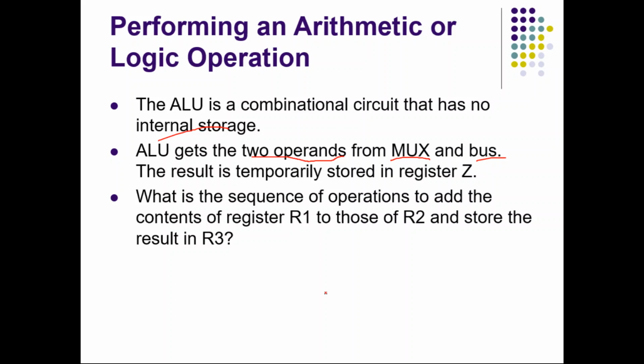So let us try to understand what is the sequence of operation to add the content of R1 with R2 and store the result in R3, okay. So this is what you want to do.